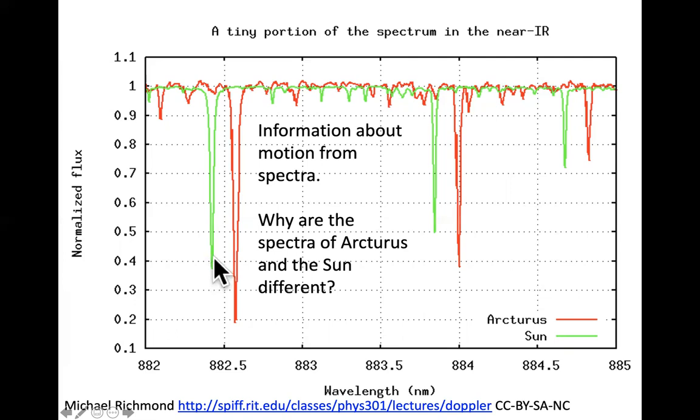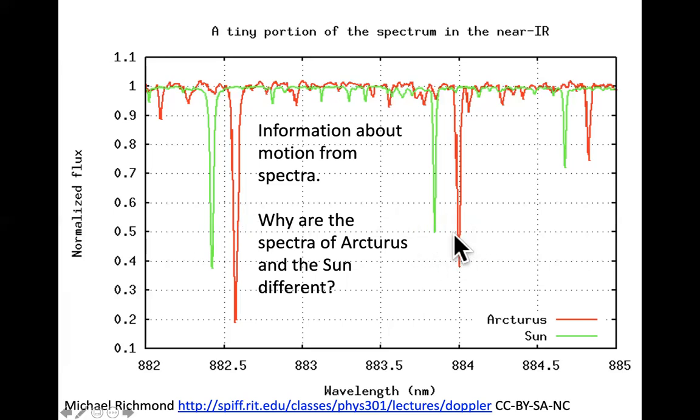But what you'll notice is that for all three of the strong dips in this picture, Arcturus has a dip, but it's about 0.2 nanometers further to the right. That is inconsistent with a compositional difference, but instead reflects something about how Arcturus is moving relative to us.